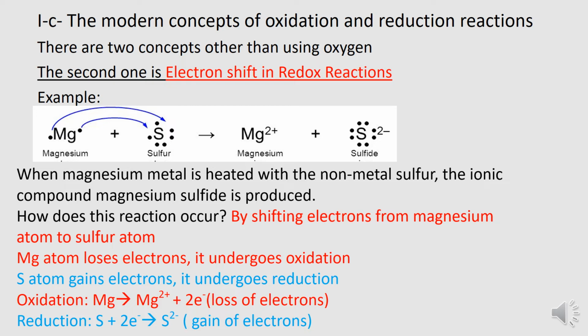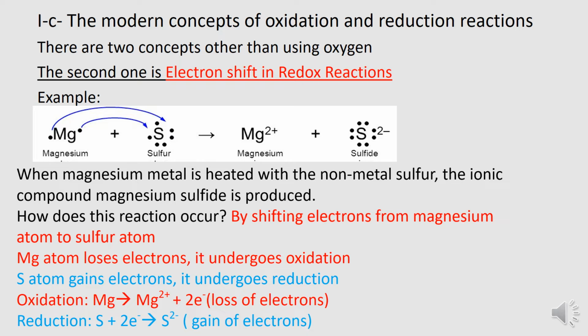When magnesium metal is heated with the non-metal sulfur, the ionic compound magnesium sulfide is produced. How does this reaction occur? By shifting electrons from magnesium atom, as you see here, to sulfur atom.